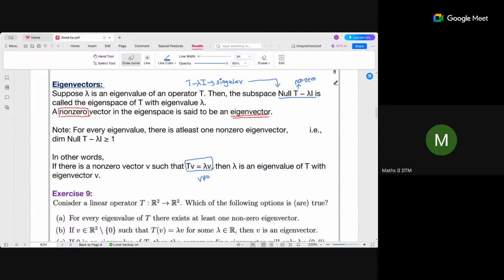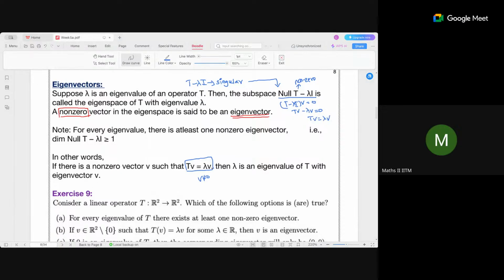You can see that these are the vectors in the null space, which means we are looking at T minus lambda I times v equal to the zero vector. When you rewrite this, it becomes Tv equal to lambda v. So any vector in the null space is the same as saying any non-zero vector which satisfies Tv equal to lambda v.